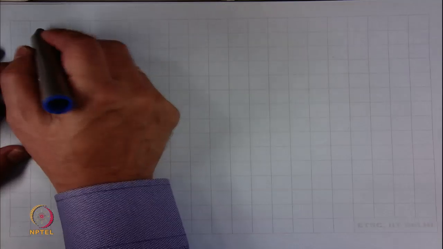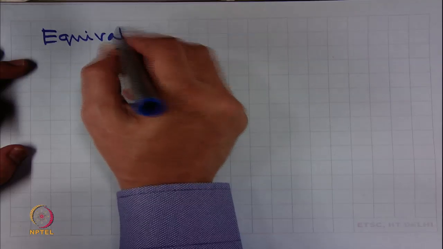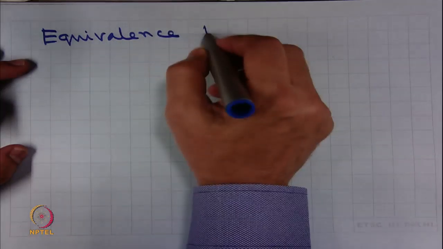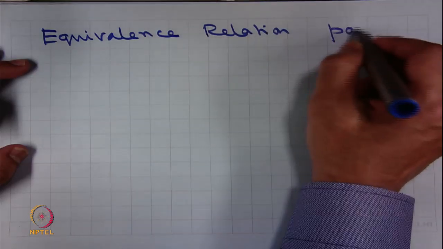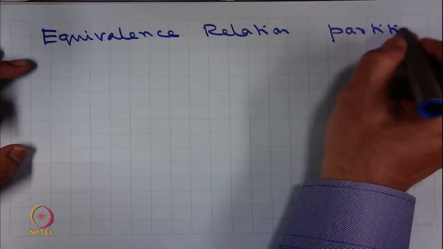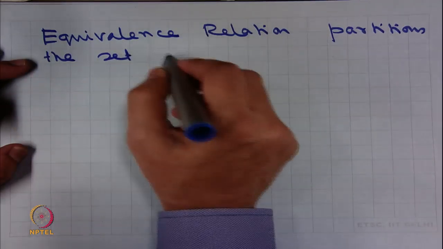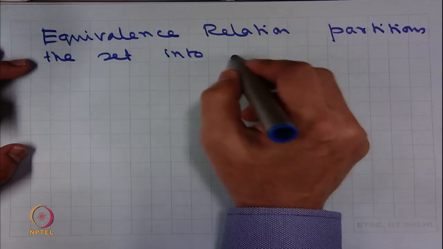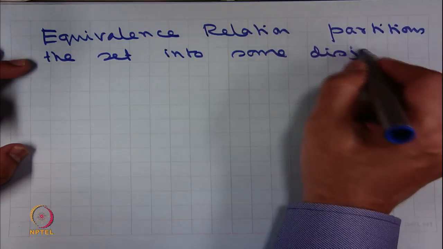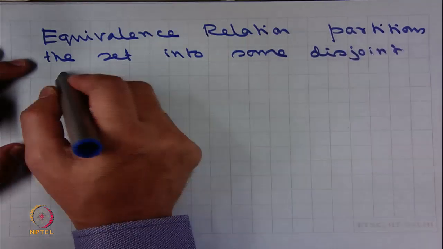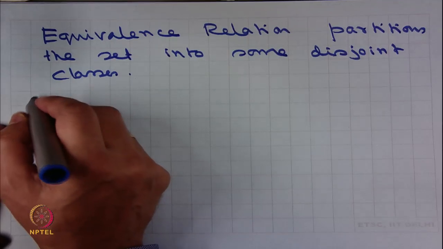Now, equivalence relation partitions the set into some disjoint classes. Let me give you an example.